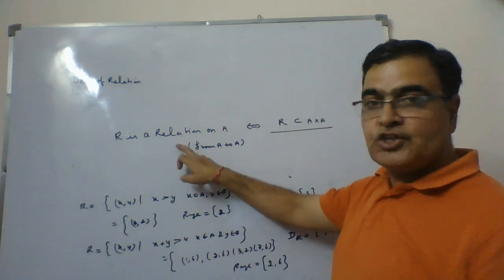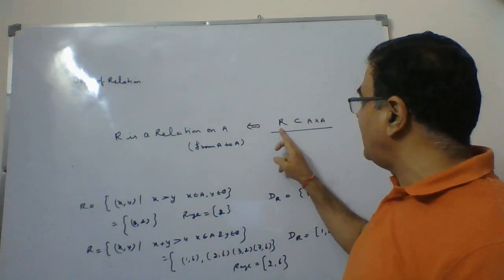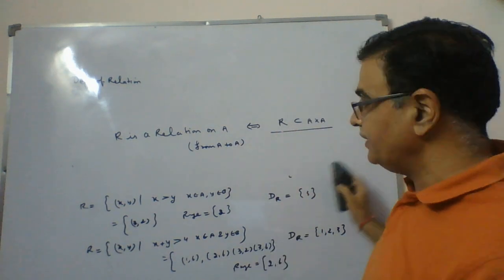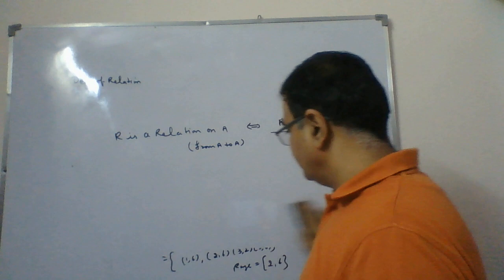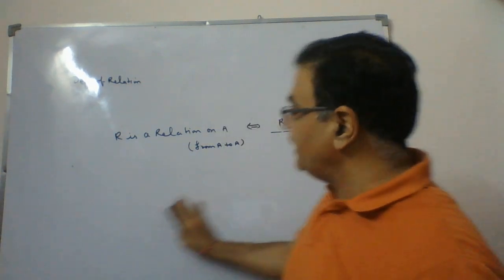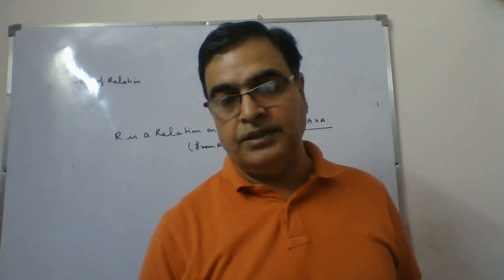So R is a relation on A means R is a subset of A cross A. We should keep that in mind.